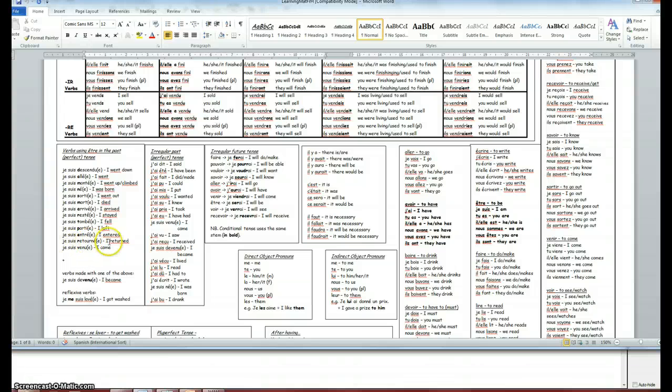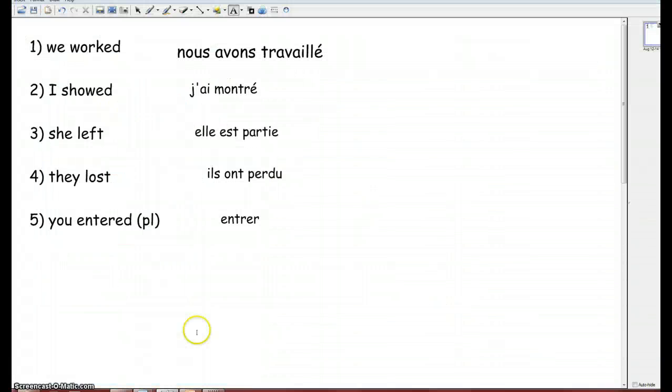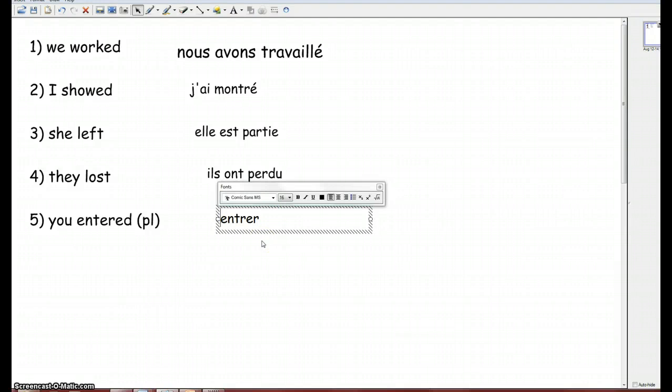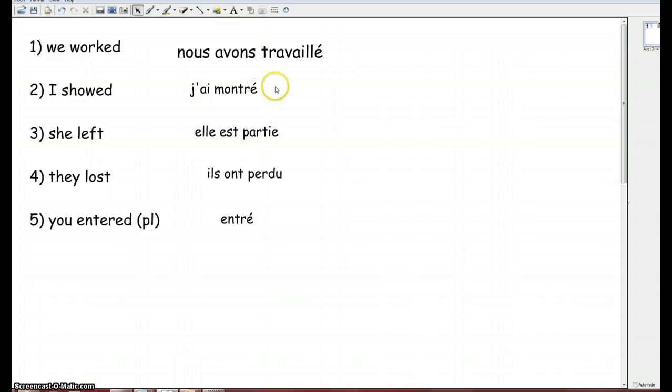Je suis entré means I entered. So we do need to use être, just like we did with I left. So we can look, the past participle's already given to us. It's got the E acute, as we would expect of an ER verb. So we can take off the ER and put on the E acute, just like with montrer and travailler.